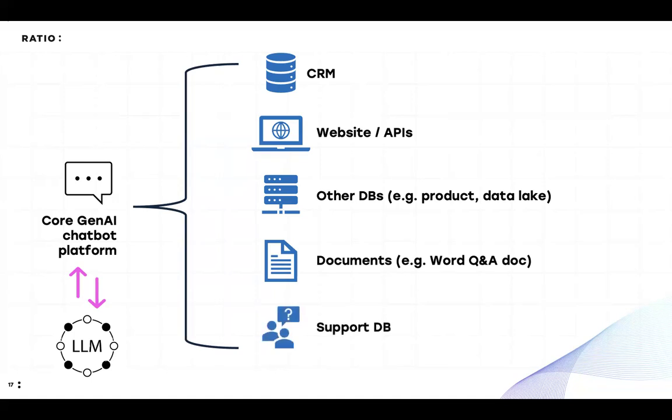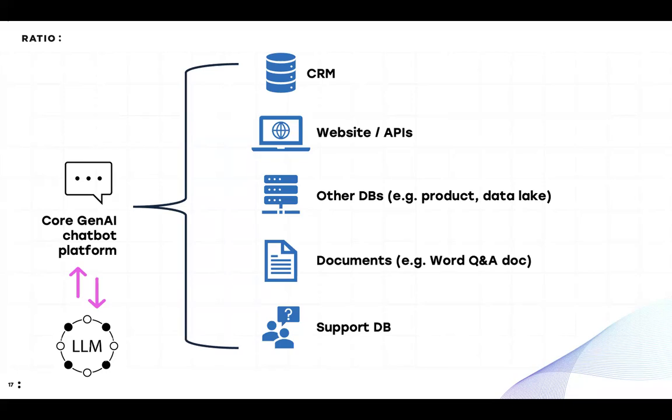And finally, it could be a support database. Tools like LivePerson can use common questions that customers are asking: it can search the database for similar questions and try to provide the best response for that scenario. Those ones at the bottom are probably the two simplest.